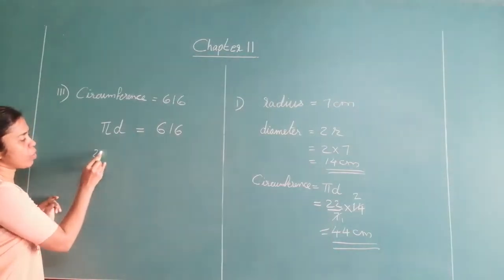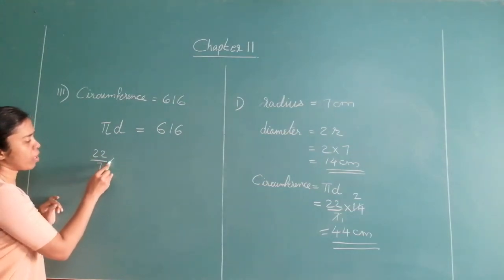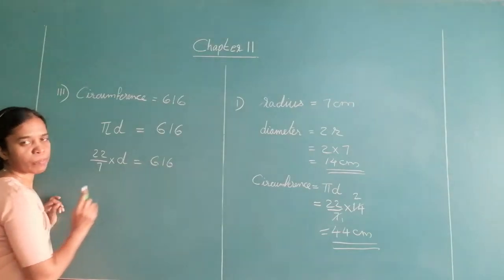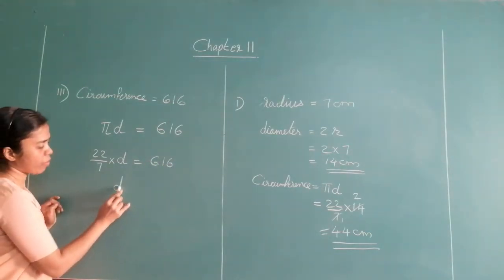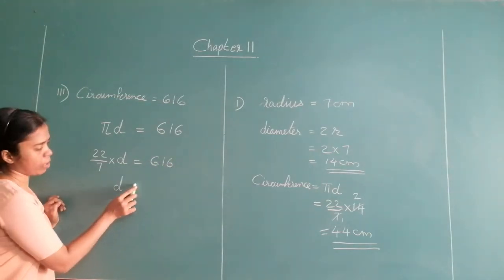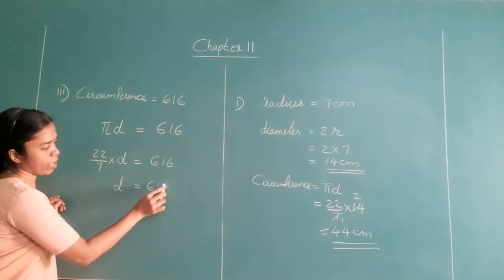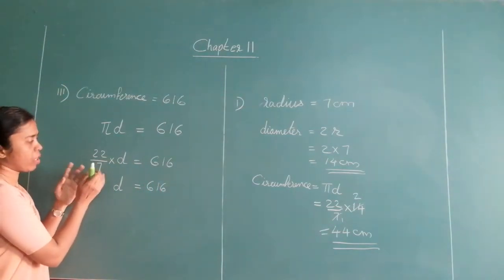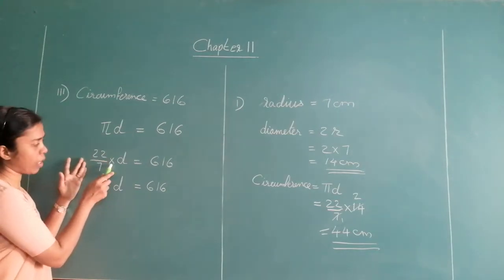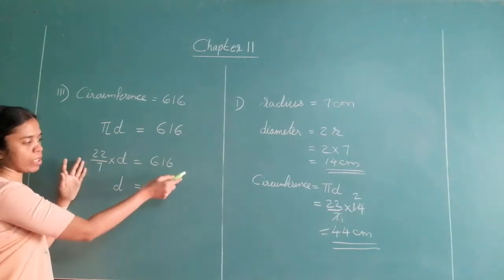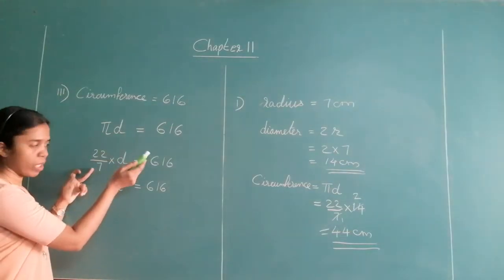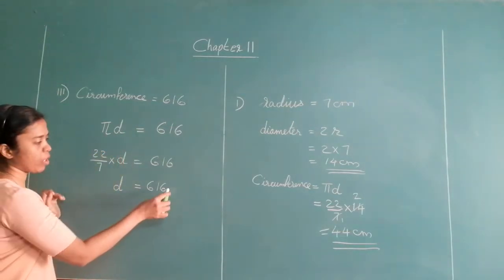Now pi is equal to 22 upon 7 into diameter equal to 616. I have to find the value of diameter. I keep only diameter equal to 616. Now, we know that when we take it, this is multiplication, take it on the other side, it will become division. That is, what is in the denominator comes in the numerator, what is in the numerator comes in the denominator.